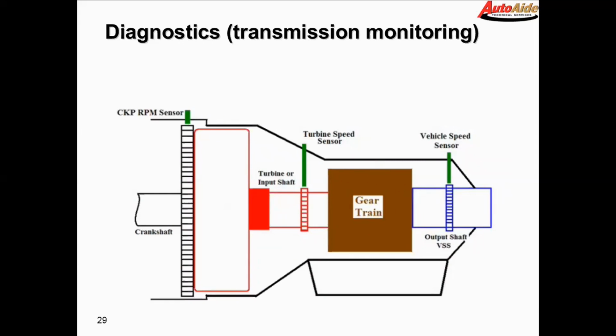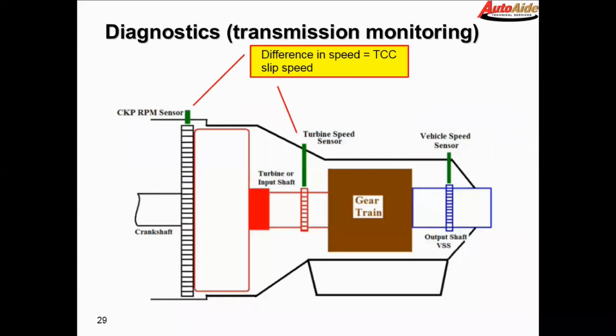Pretty much every transmission in the world does it this way. The torque converter lock is basically the difference in speed between the input shaft or turbine speed sensor and the engine RPM. So if the torque converter is not locked up, those two shafts will be spinning at different speeds.